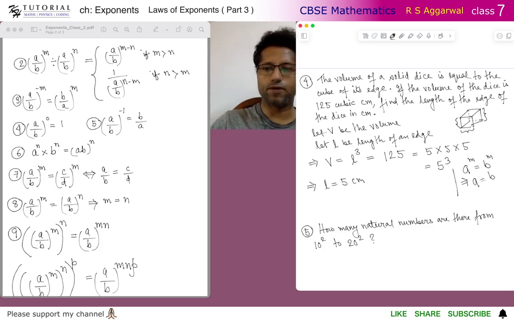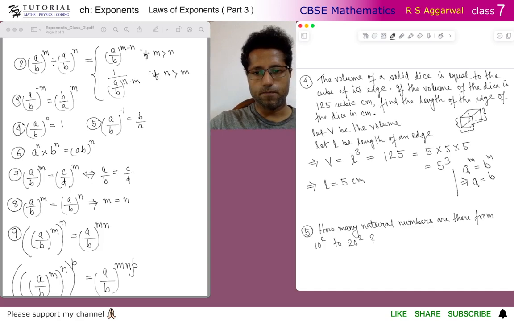So this is the concept we applied in this problem to solve. So the length of the edge of the dice is 5 centimeter.